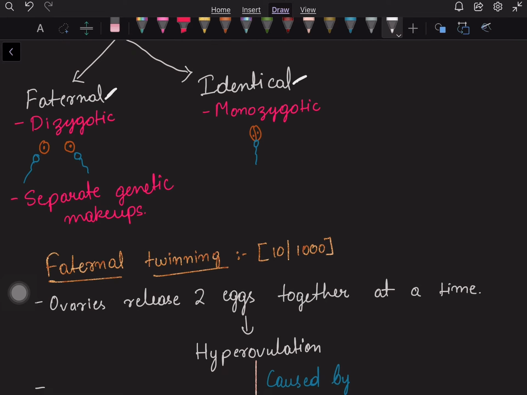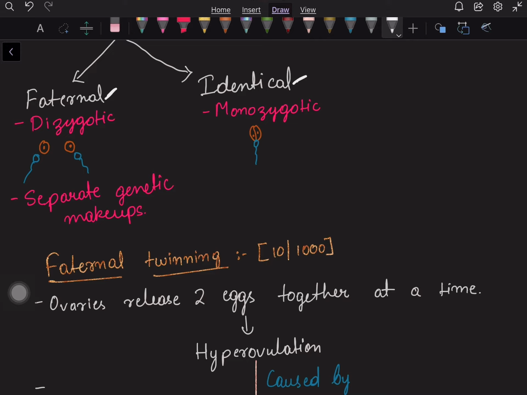What is the difference between both of them is that the fraternal is dizygotic while the identical is monozygotic. The dizygote has two zygotes. In this, there are two eggs which are fertilized by two different sperms. While in identical or monozygotic, there is only a single zygote which gets differentiated into two cells.